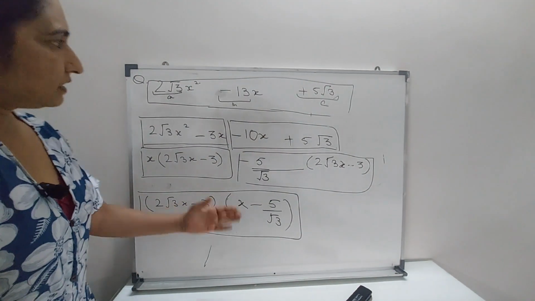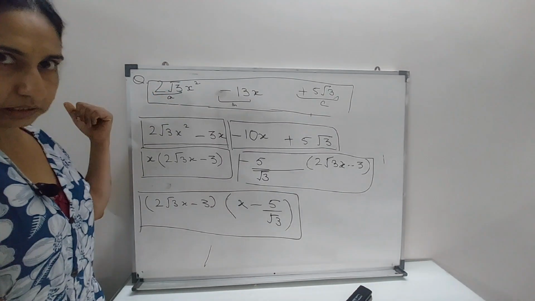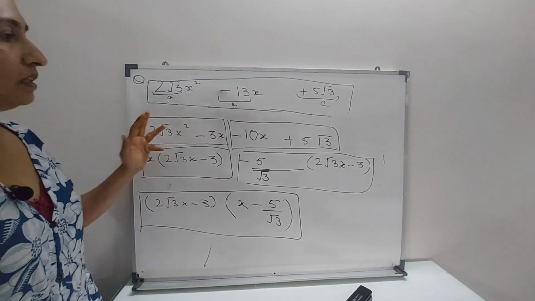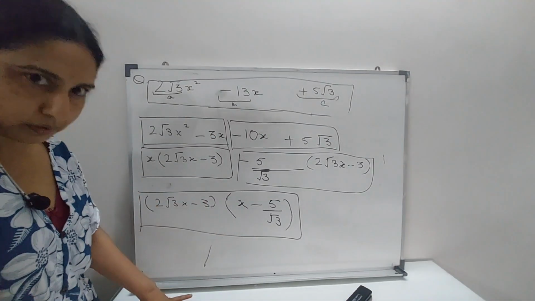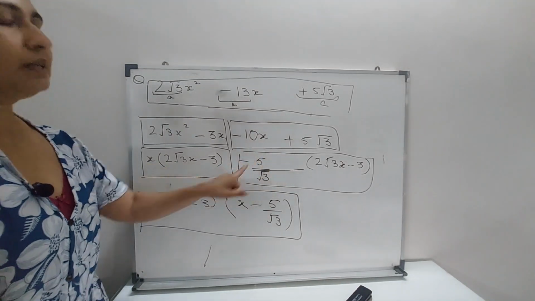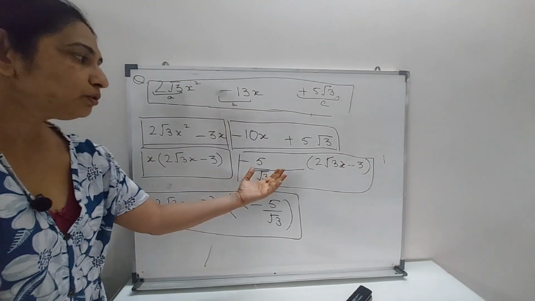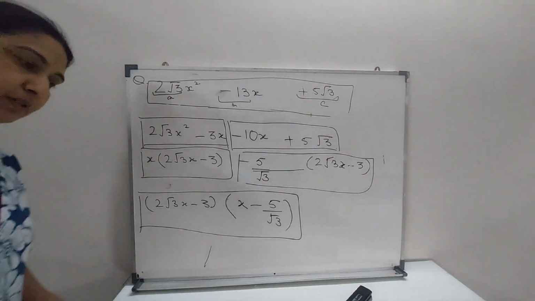These are the 2 factors that we get from this equation. So we factorized it using middle term split. I know it was a difficult question. Please go through it again. The more difficult part was this, how to get this. But if you practice a few questions like this, you will be able to manage.